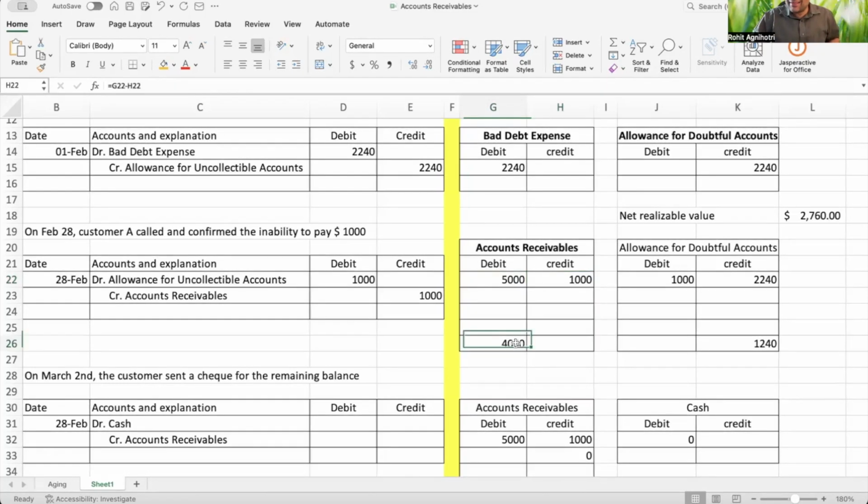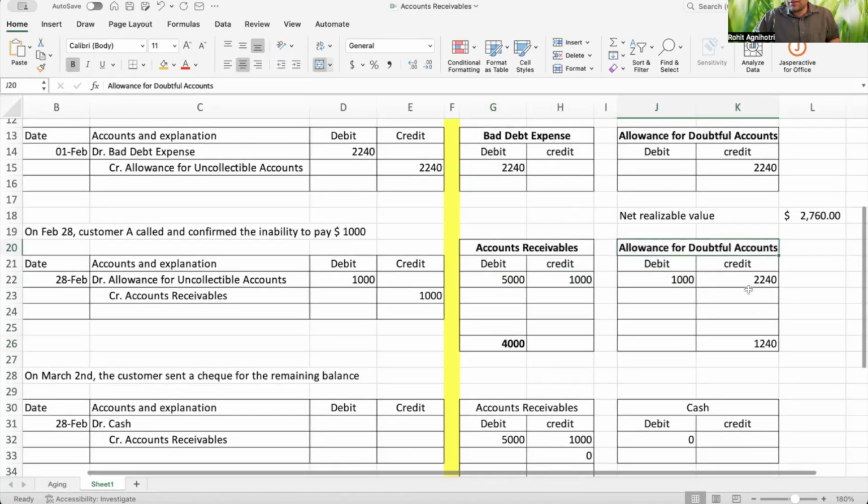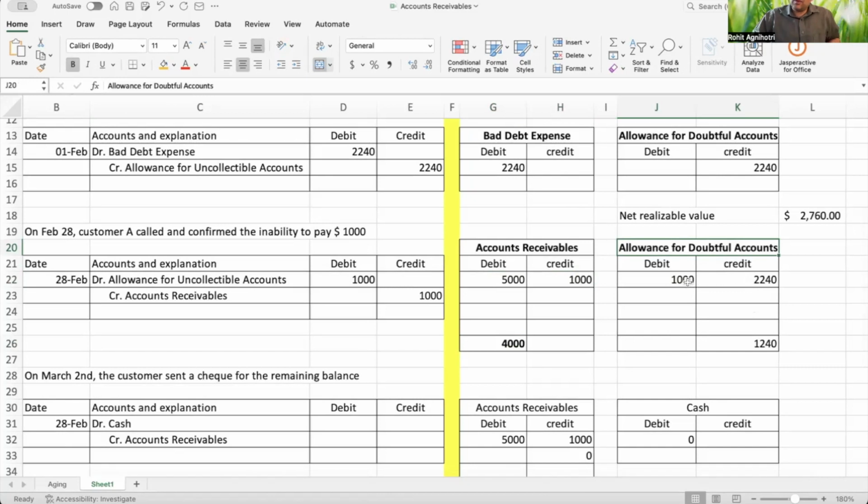So the balance now is $4,000: $5,000 debit minus $1,000 credit. And now the balance of your allowance account is 2,240 minus 1,000, so $1,240 is your new balance.